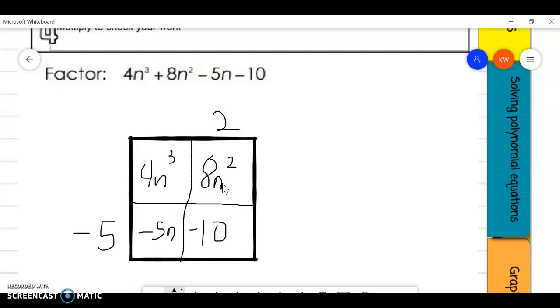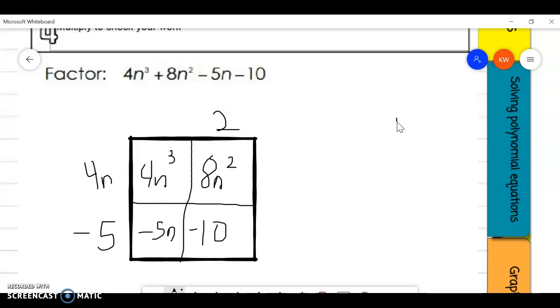So let's look at 4n to the third and 8n squared. So we need to look at what divides into 4 and 8. Both of these can be divisible by 4 because they're both evens and they're both multiples of 4. Now, both of these have an n. Now you're looking for what is the amount of n's that they both have in common.